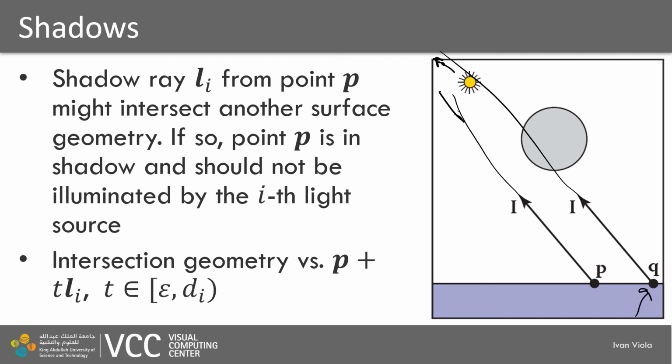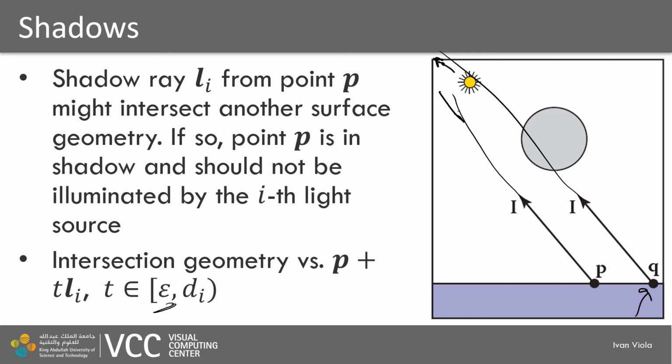Please keep in mind that due to numerical precision, it is advisable to start the t parameter from the point P towards the light source not from 0, but from some very small epsilon value, because sometimes due to numerical imprecision, it might happen that the 0 will put the point sort of inside the object itself, and then there will be an intersection test evaluated with the geometry of the surface itself.